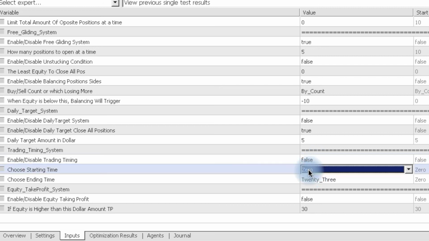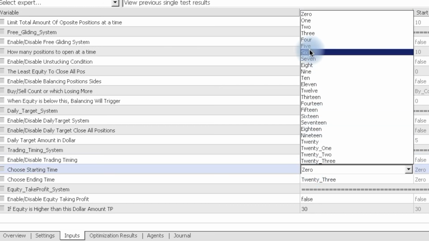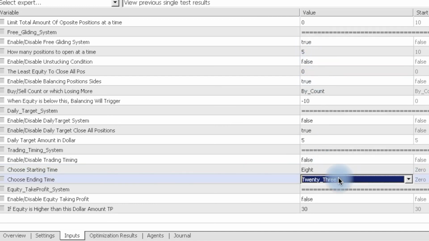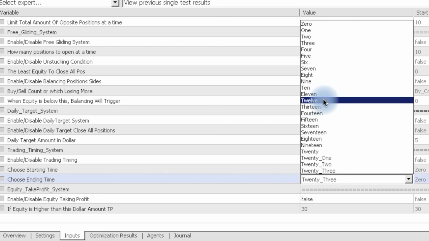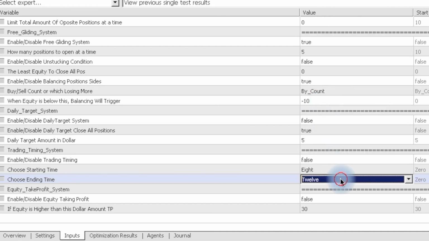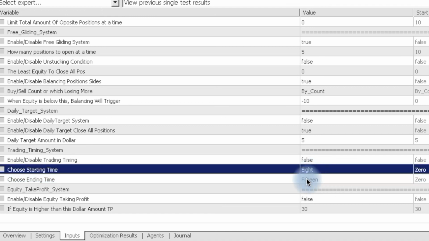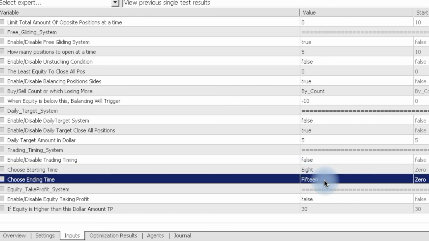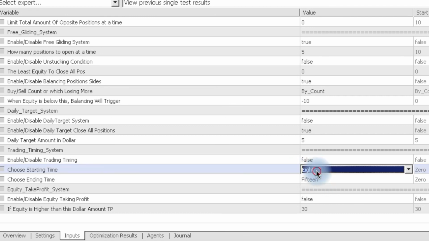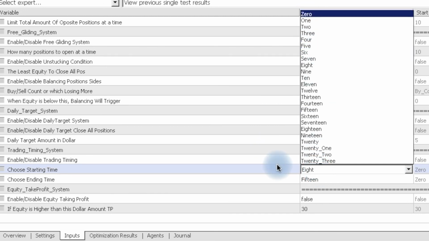I say open trading at, for example, 8 a.m. and close at 12 p.m. or 15, which is 3 p.m. So I tell it to only trade between these two hours, from 8 a.m. until 15, which is 3 p.m. If I want it to trade 24 hours, then I don't use this system.